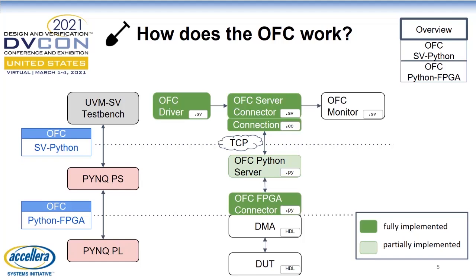Therefore, the user must define their own OFC monitor, which sends the items through the appropriate ports. As you can see, the OFC provides most of the components needed to achieve a co-emulation environment, and the only things left entirely to the user are the HDL components and the OFC monitor.